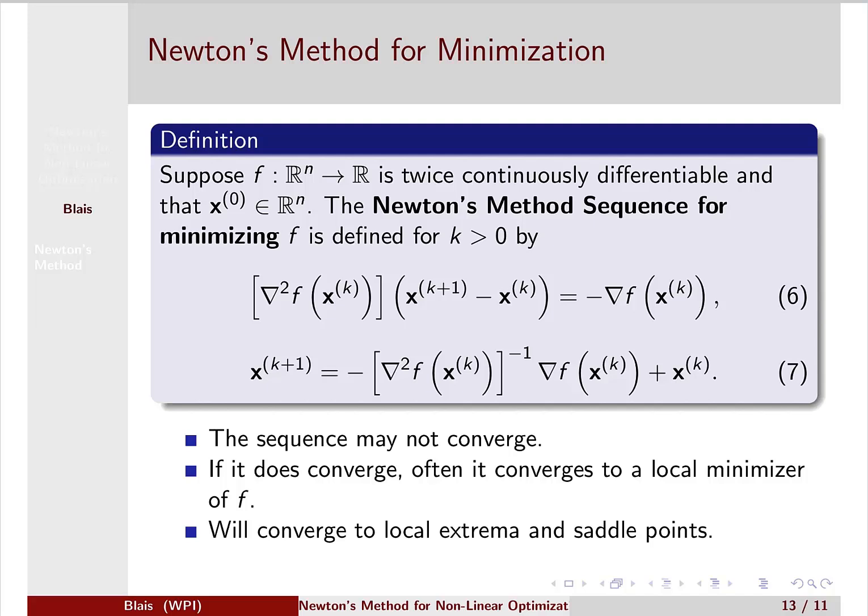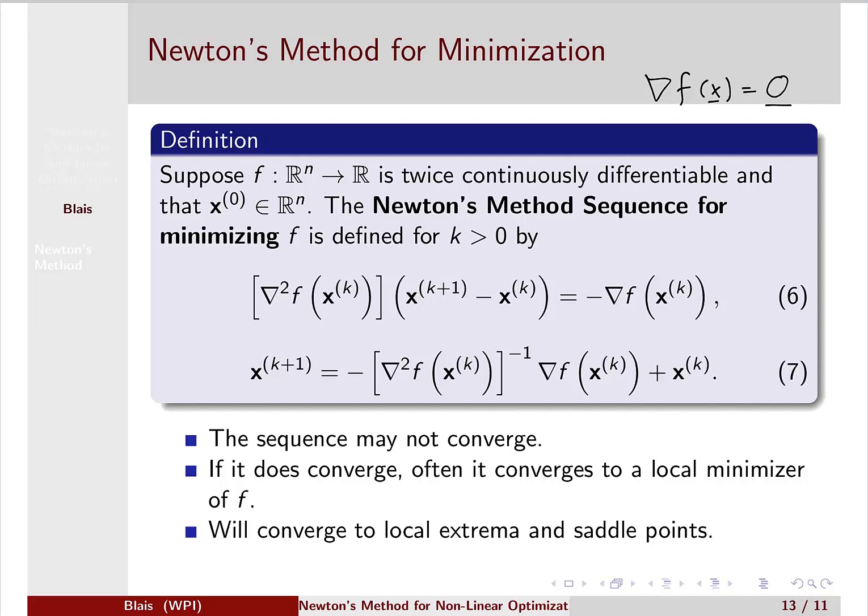And just like before, it may not converge, it's sensitive to your choice of initial guess, and it's meant to hone in on points that satisfy the first order necessary condition of the gradient of f of x being equal to the 0 vector. And remember that that will pick up on local minima, local maxima, and saddle points. But nonetheless, this gives us a way to numerically approximate points x that satisfy those first order necessary conditions for a minimizer.